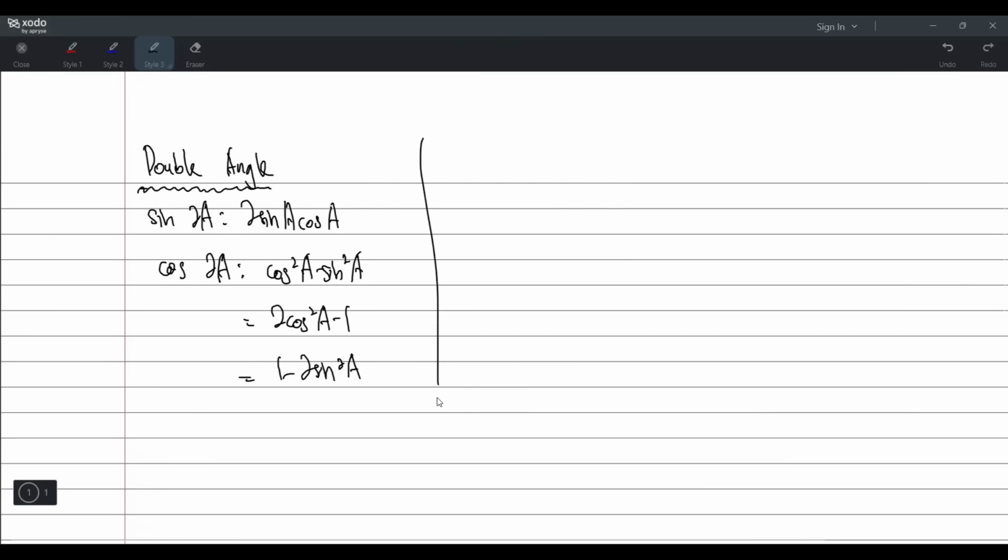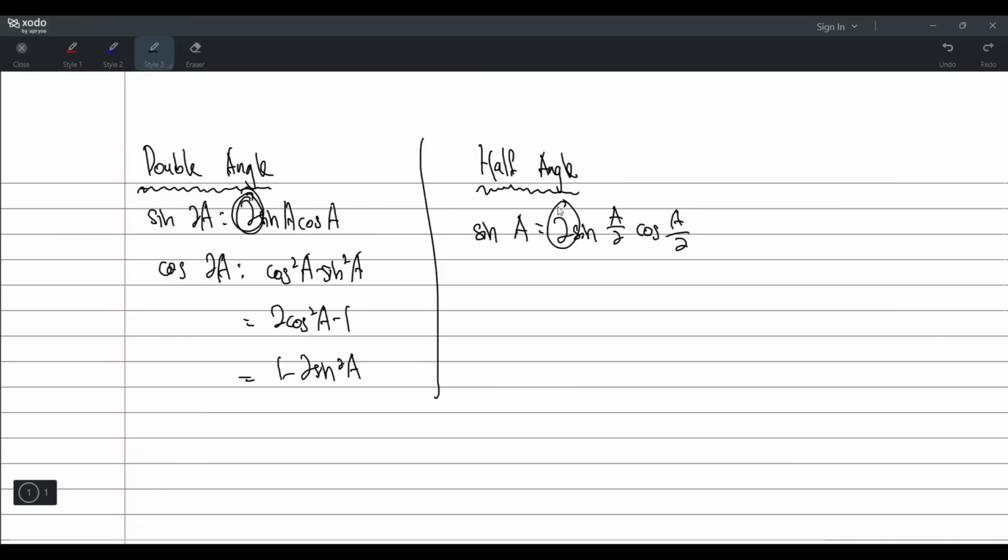The other one is called half angle. Half angle is basically the same as the double angle. It's just that instead of 2A, it becomes A. But when 2A becomes A, the A on the right side also has to be divided by 2. So it becomes 2 sine A over 2 cos A over 2. Remember, it is the angle that is divided by 2, not this 2.